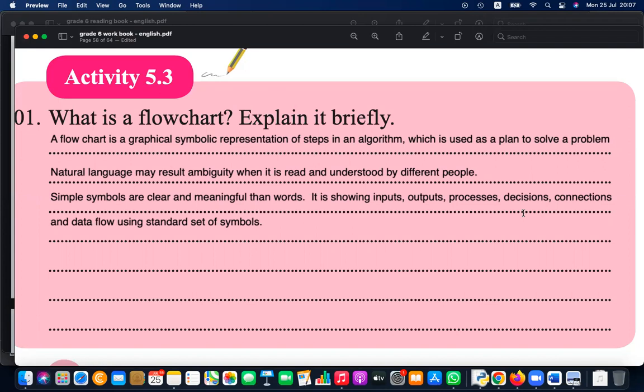Ambiguous means it can be unclear to the reader and to the communication party. Therefore there is a standard in the world. We use a set of standard symbols to represent an algorithm. We will learn about these standard symbols. So kindly write down this. This is 5.3, question number 1.